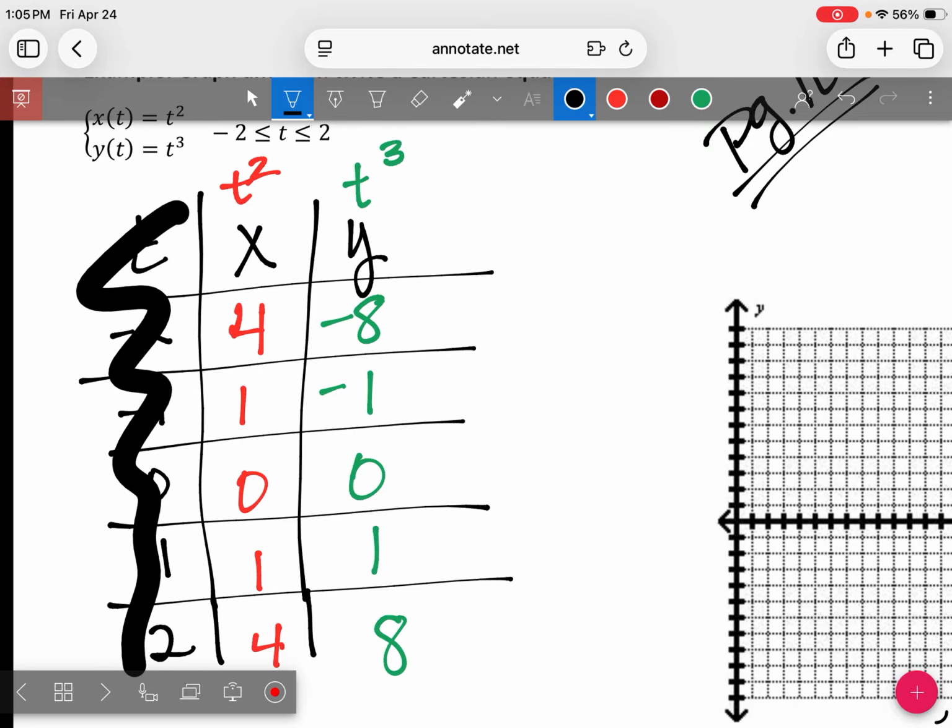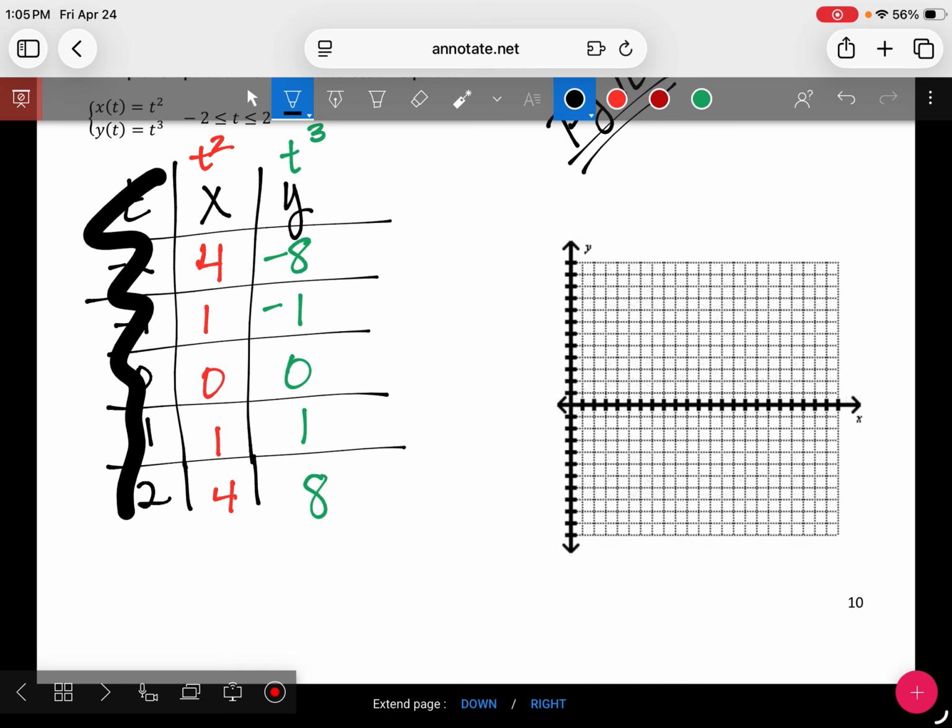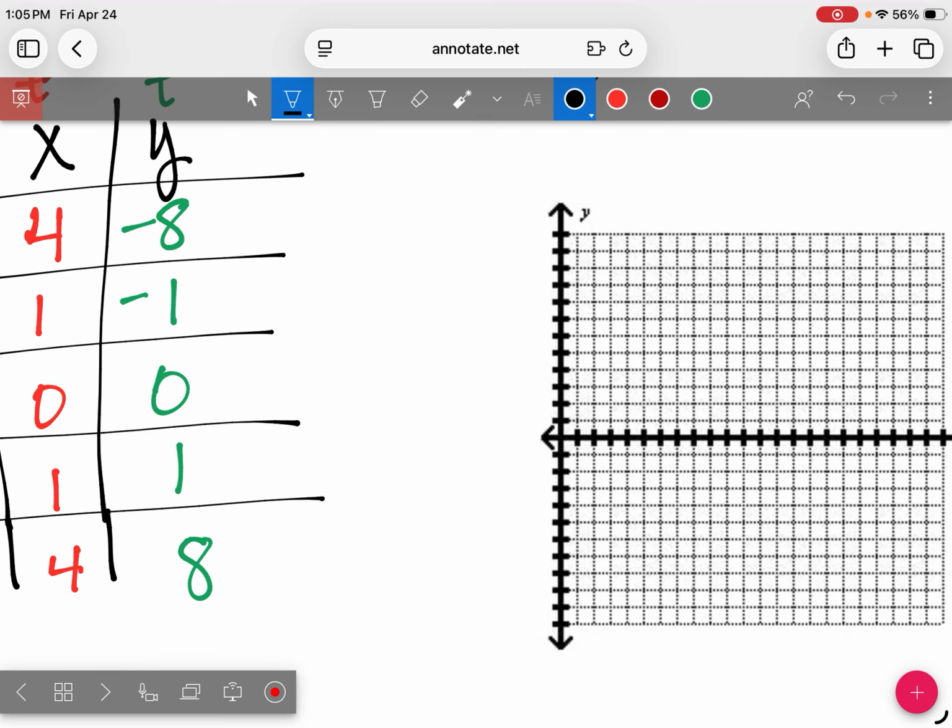Let's graph it. Okay, positive 4, down 8.